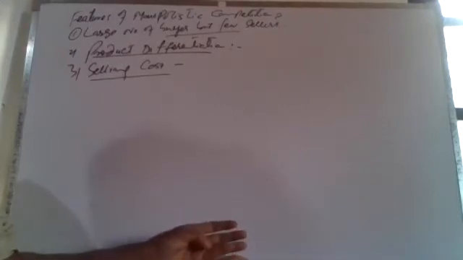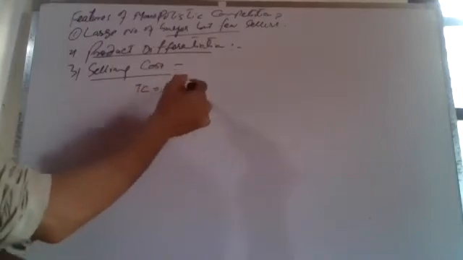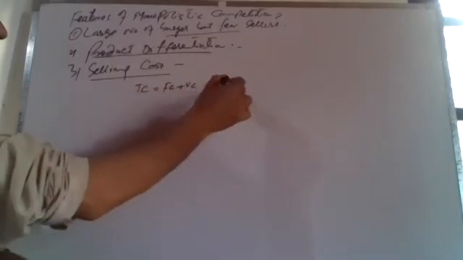There the costs are very clear: average cost, marginal cost, fixed cost, variable cost. In perfect competition, total cost is the sum of fixed cost and variable cost. But in monopolistic competition, total cost is the sum of fixed cost, variable cost, plus selling cost. So we have a unique type of cost, that is cost on advertisements.